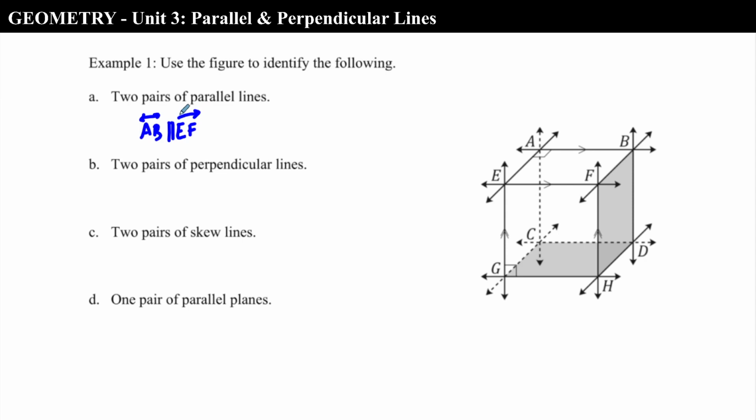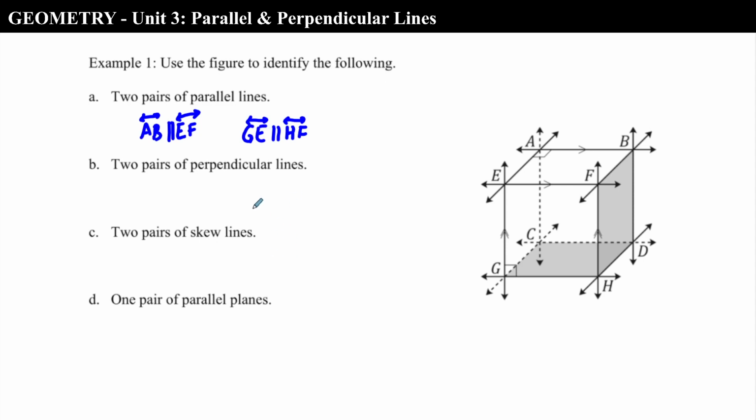We also have two other lines that are indicated for us, and that is GE and HF. Now there are others. These are not the only two, but these are the two that are indicated for us. So those were the easiest to pick out as an example.